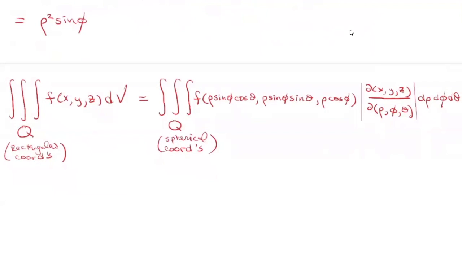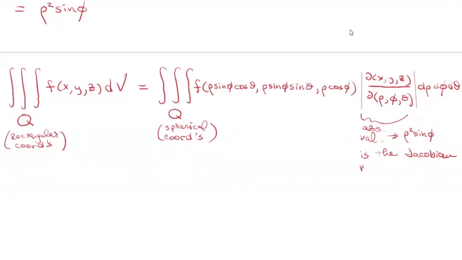And the only thing I would add here is that, remember, these bars are absolute value. Rho square sine phi is the Jacobian, and it has to be positive. So we're going to have to require that sine phi never go negative.